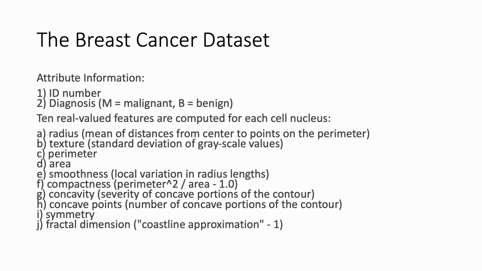The first one is the ID number of the people, and the second column is the status, malignant or benign, and the other 10 relevant features are computed from the cell nuclei.